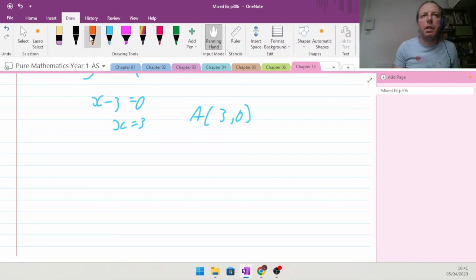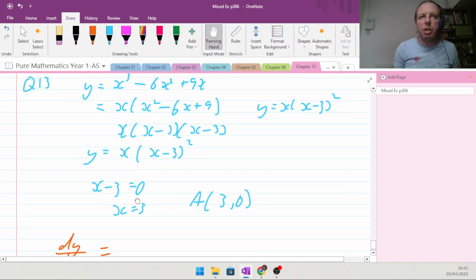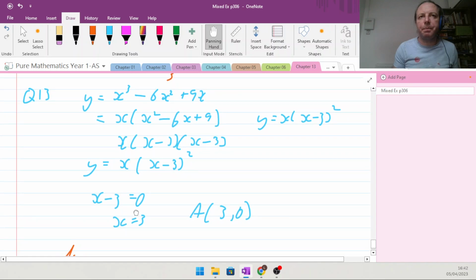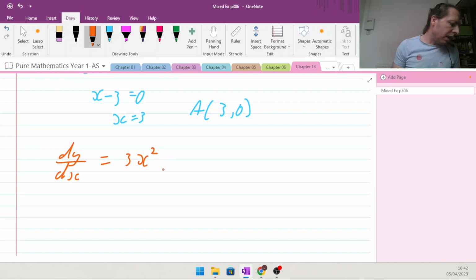So to find the coordinates of B, we are going to find dy by dx, and we are going to differentiate this. We drop the power and multiply by the whole power, so we get 3x squared minus 12x plus 9.